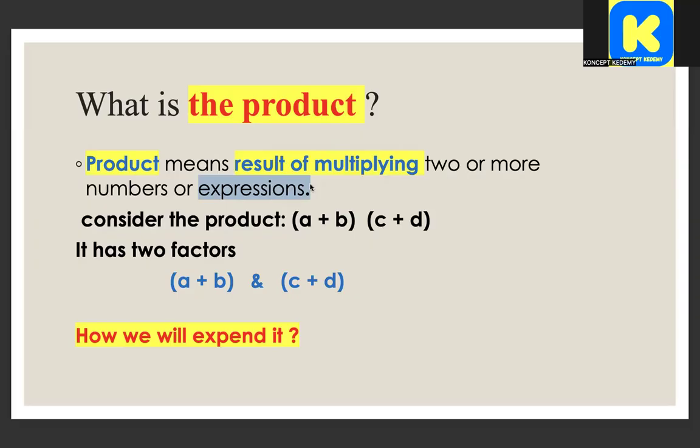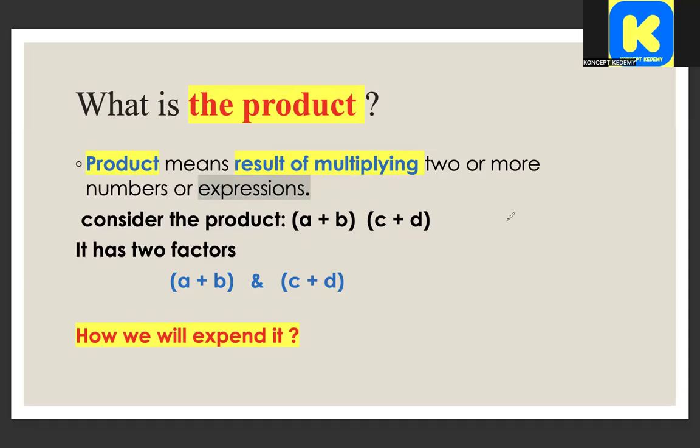On the screen, you can see two algebraic expressions, a plus b and c plus d. This product has two factors. Factors are the numbers or expressions taking part in a multiplication.